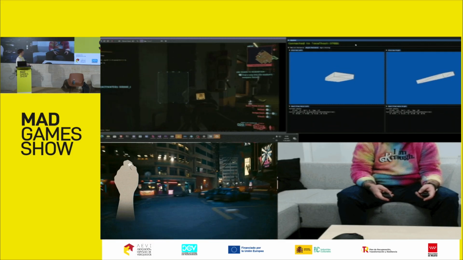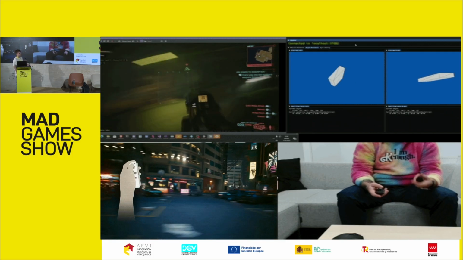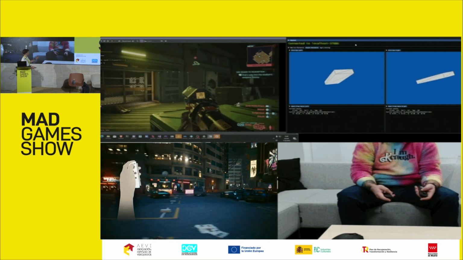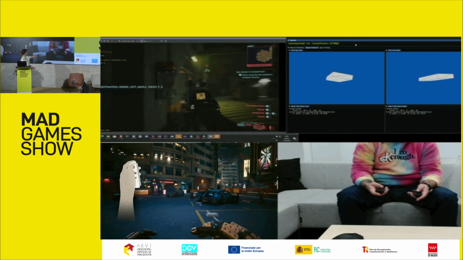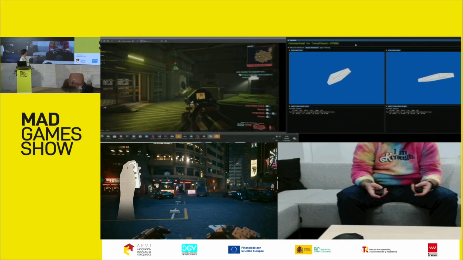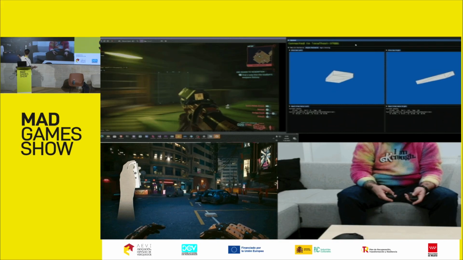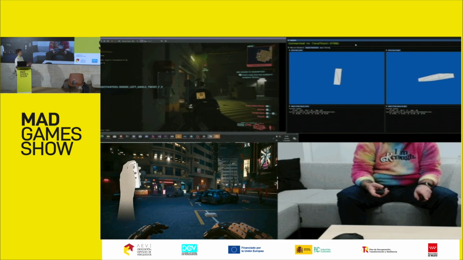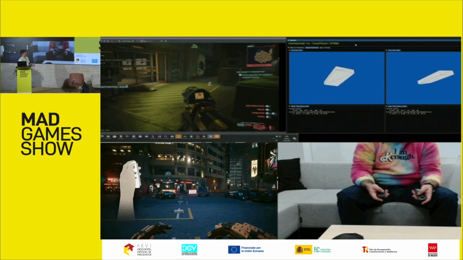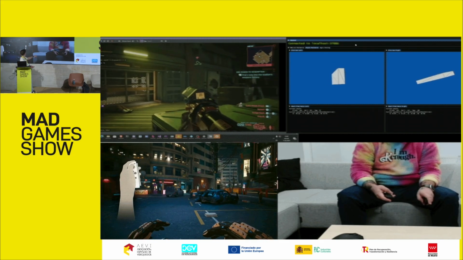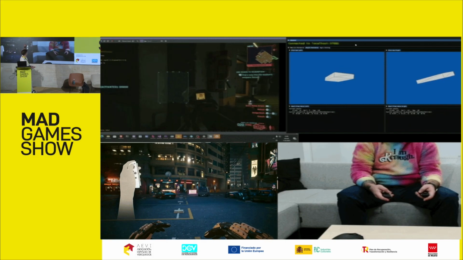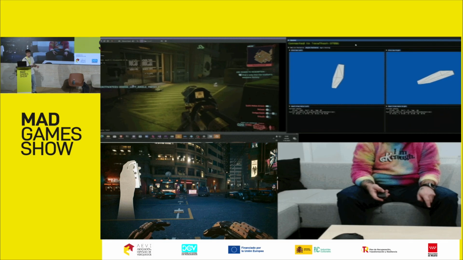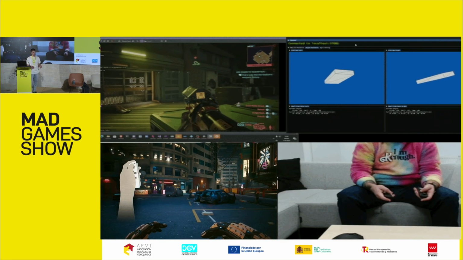Again, another GIF from the playtests. I don't know how familiar you are with the motion patterns on Switch, but here you can see the participant in the bottom right corner, and a reference video in the bottom left corner. So what the participant was trying to do was perform the dodge pattern, and you can see that it wasn't always registering, so they had to perform the pattern multiple times.